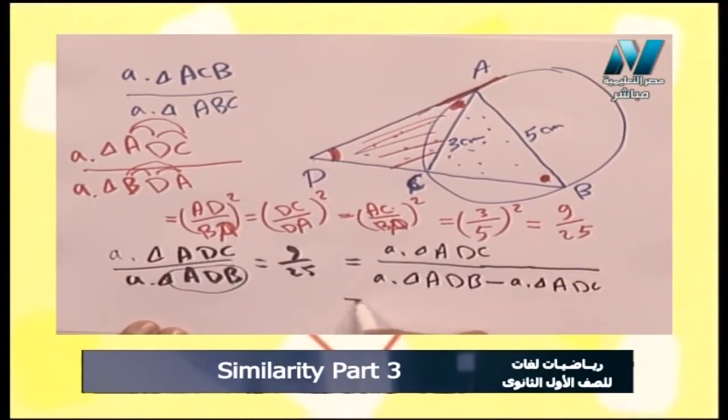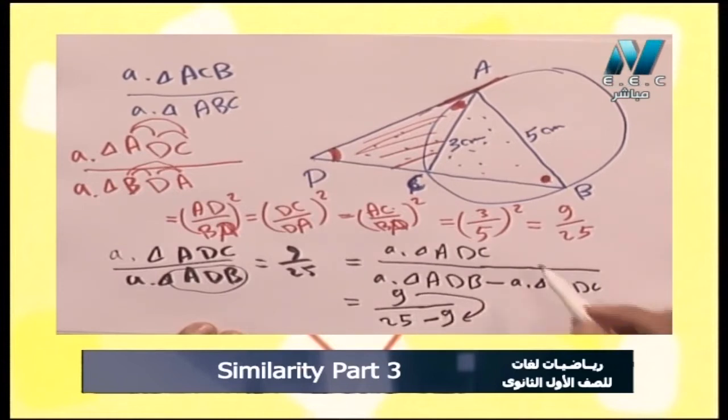But is it acceptable to make minus here? Yes. If we put here 9 over 25 and we subtract the 9 here, as we subtract the numerator, it's the properties of ratio, it will be 9 over 16.